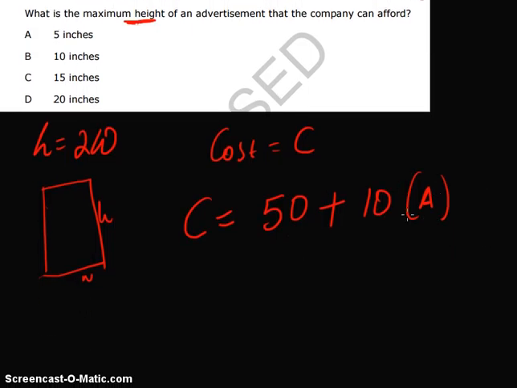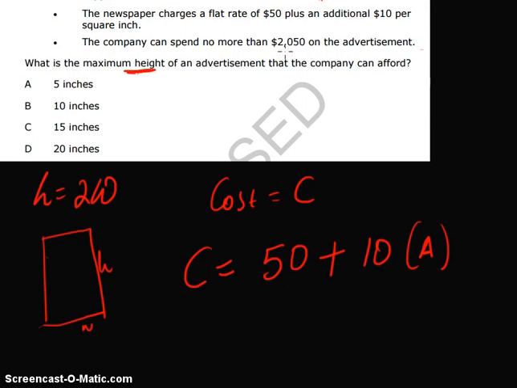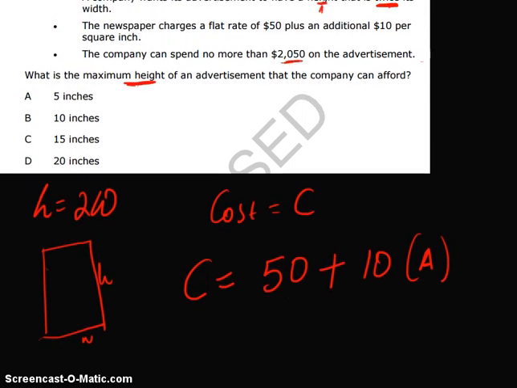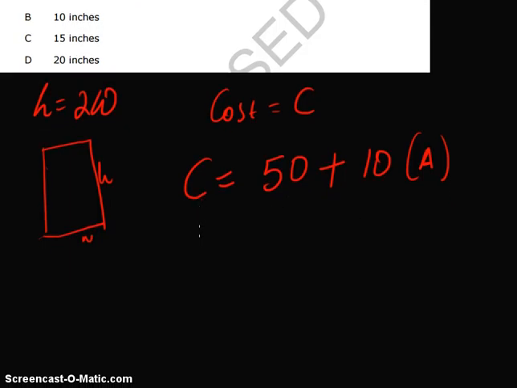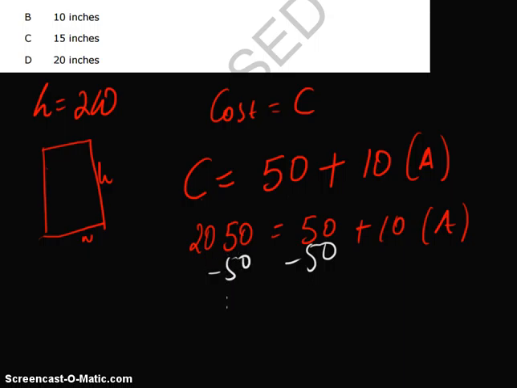So let's find what area they can afford with $2,050. I'm going to put the cost as $2,050 equals 50 plus 10 times A. Then I take away the 50 from both sides, and I get 2,000 equals 10 times the area.